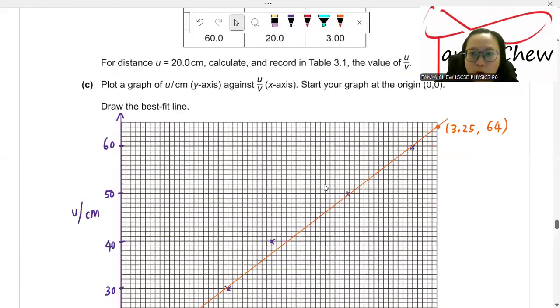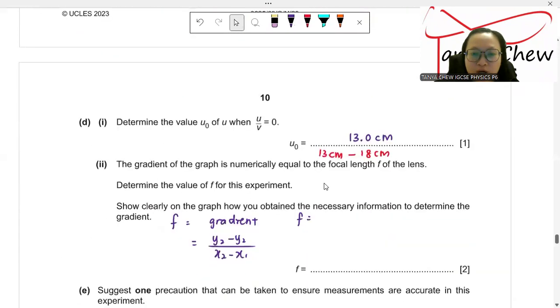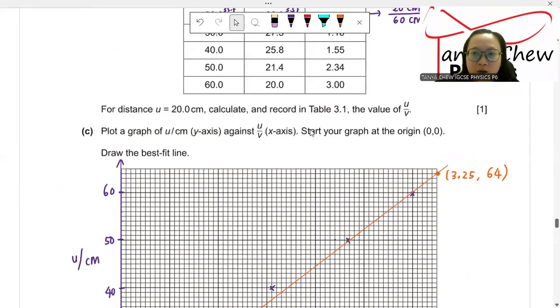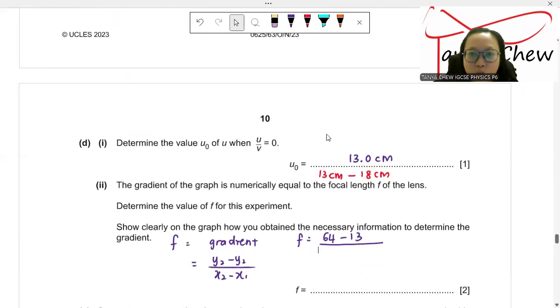My y2 is 64, my y1 is 13. 64 minus 13 divided by x2 which is 3.25, x1 is 0, so 3.25 minus 0. 64 minus 13 divided by 3.25, and I got 15.7. So 15.7 cm is my answer.